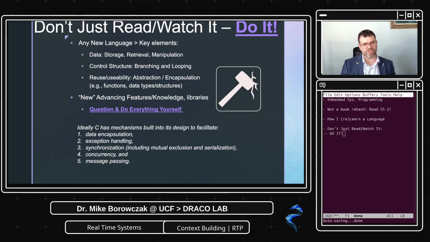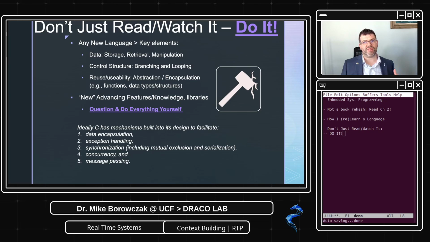Once I understand data and I understand the basics of the control structures, the next part is, okay, I'm tired of writing a lot of code over and over again. How do I start abstracting and encapsulating things into functions, into reusable formats, reusable functions, data types, structures, whatever it might be?